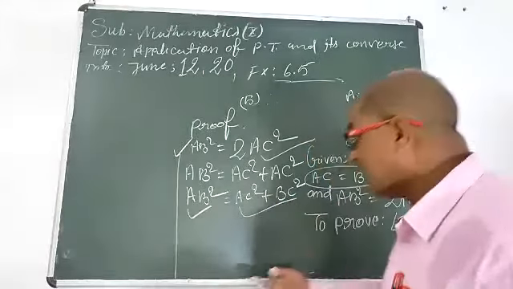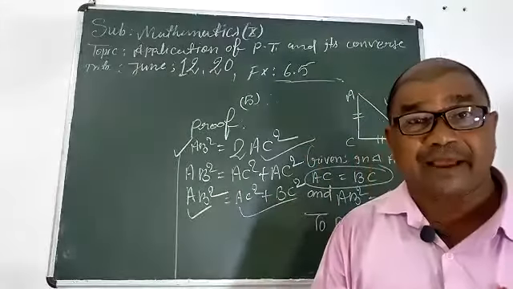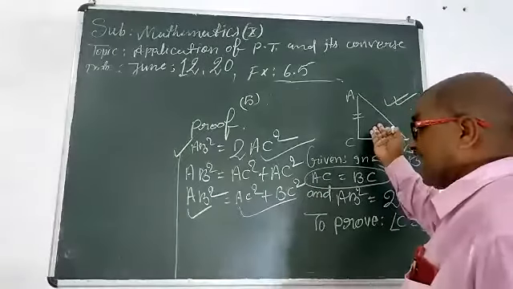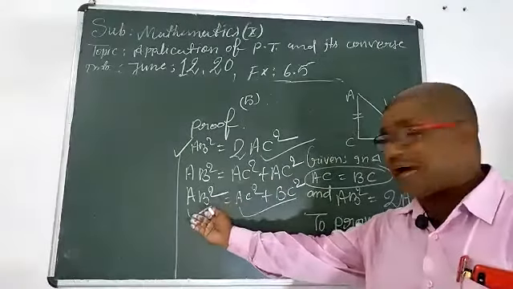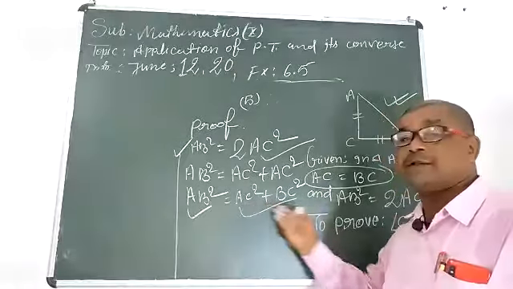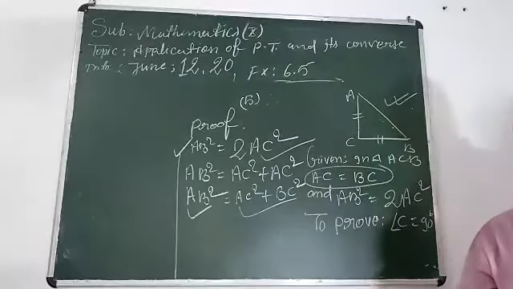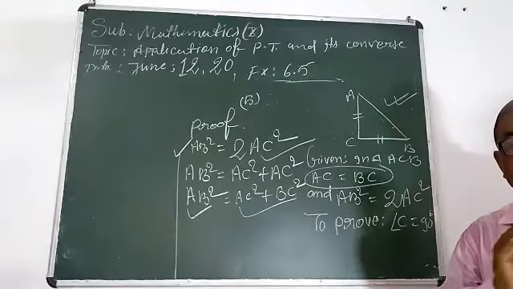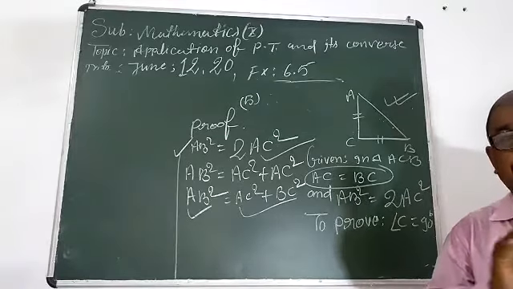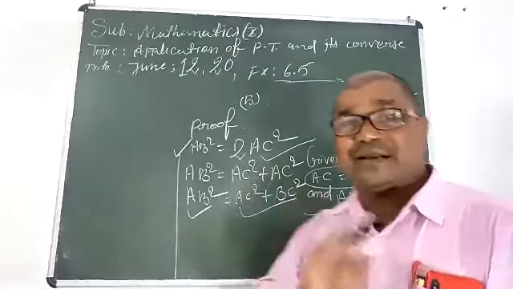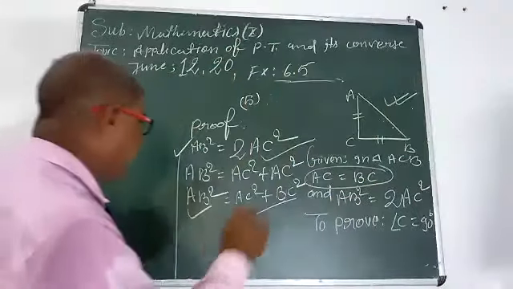So you should read the given statement in this way: in the given triangle, the square of one side equals the sum of the squares of the other two sides. That is showing the relation, the converse of Pythagoras.